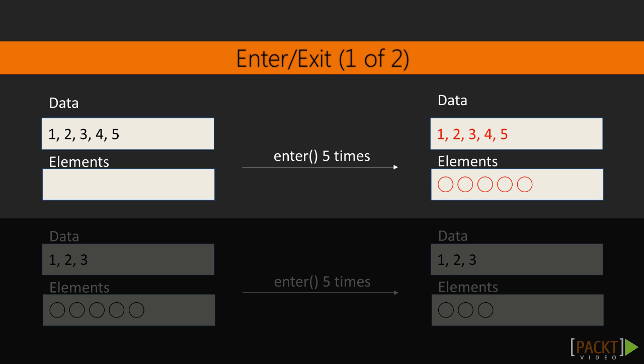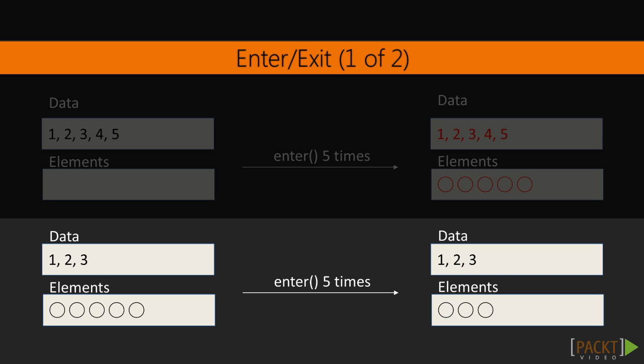Calling the enter function on the bound data to the selected elements will only return an array of corresponding HTML or SVG elements if there are fewer elements in the selection than the number of elements in our data array. The other way around, that is, fewer data items than selected elements, would cause the exit function to iterate over the excess elements.